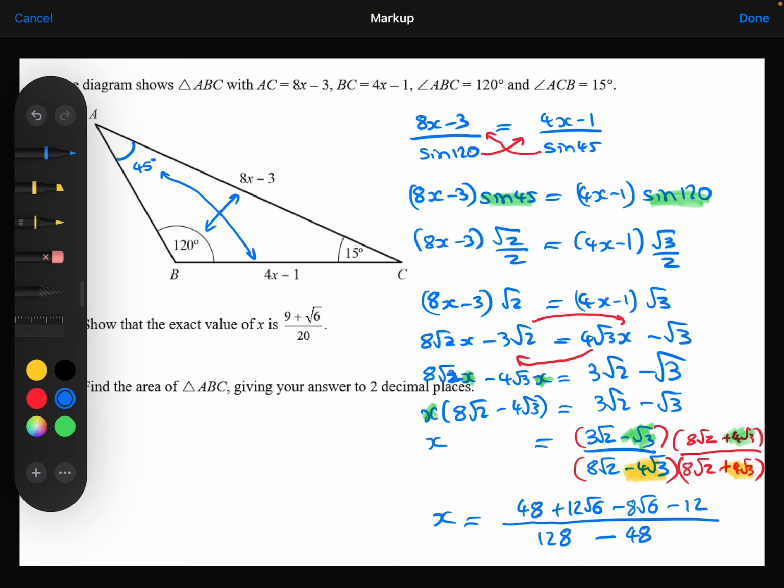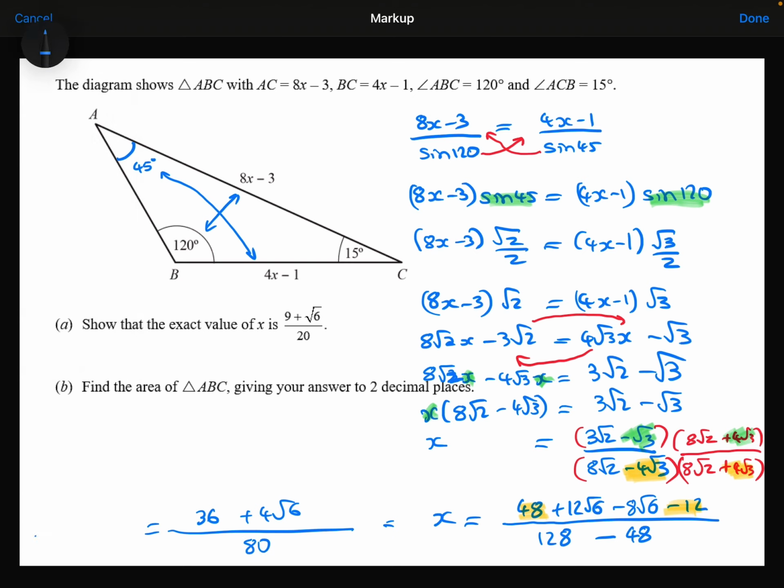Simplifying this now then. On the numerator, the 48, the minus 12 is 36. The 12 root 6 minus the 8 root 6 is 4 root 6. On the denominator, the 128 minus 48 is 80.